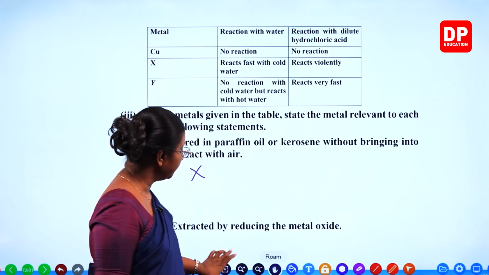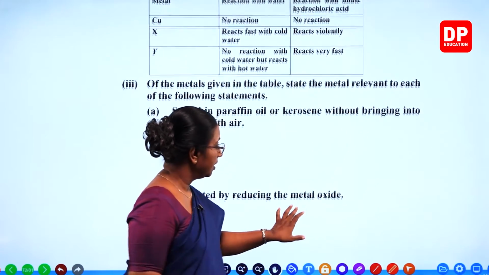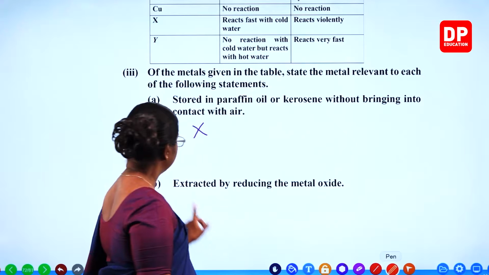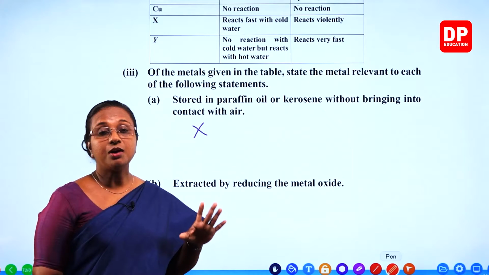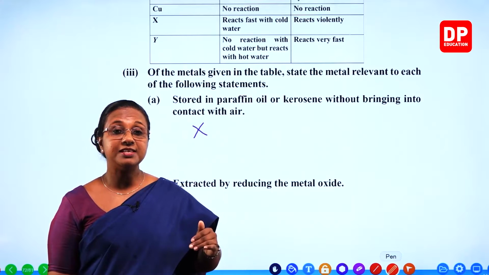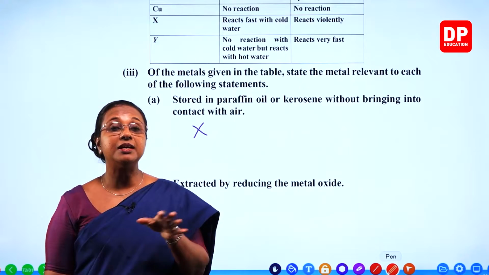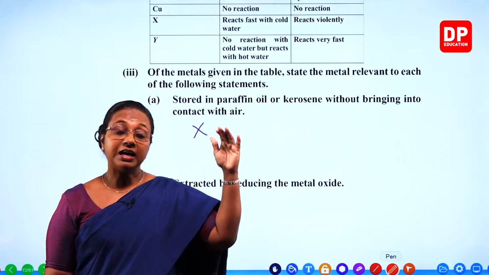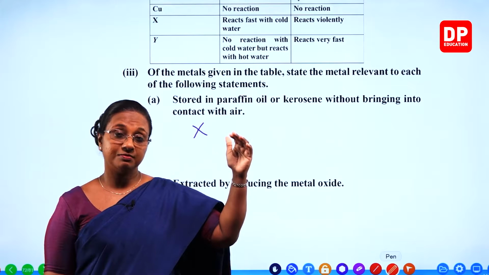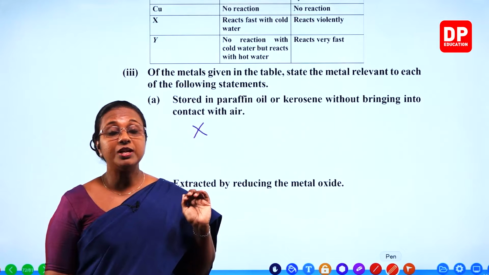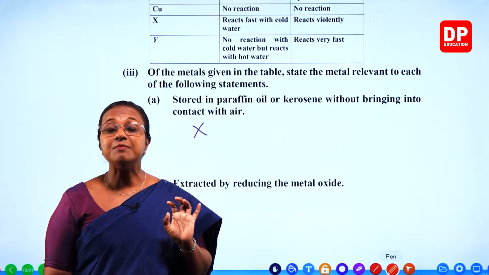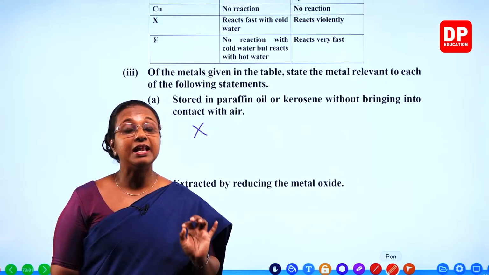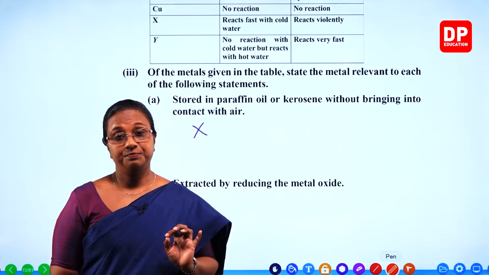Then the next one. What is the next one? Extracted by reducing the metal oxide. Now, you all know, students, from the activity series, we can identify the method of extraction. The highly reactive metals, which are at the top, are usually present in seawater, and can be extracted by electrolysis.